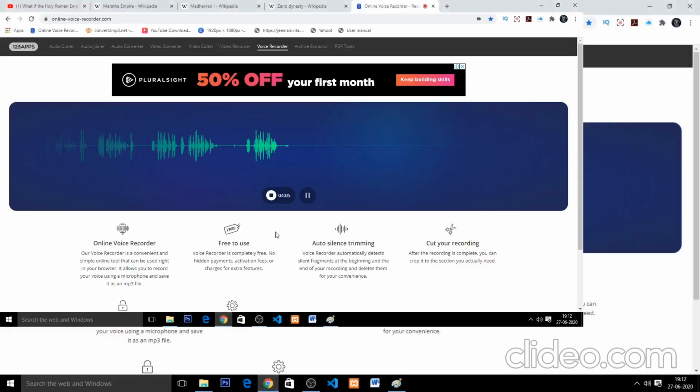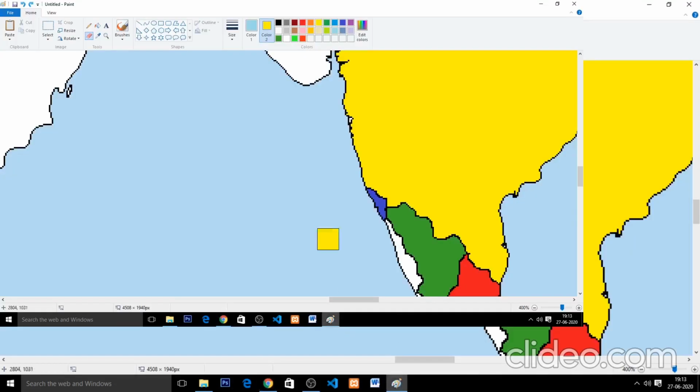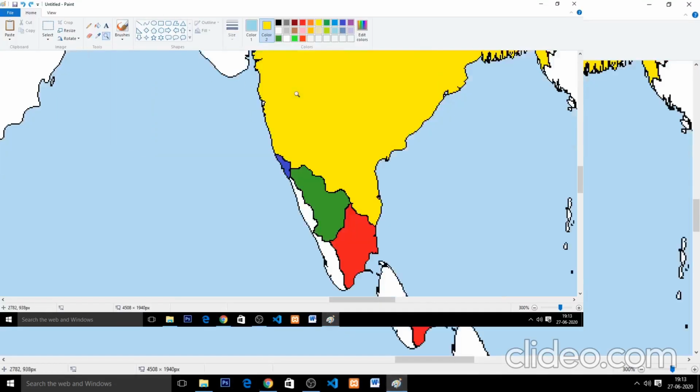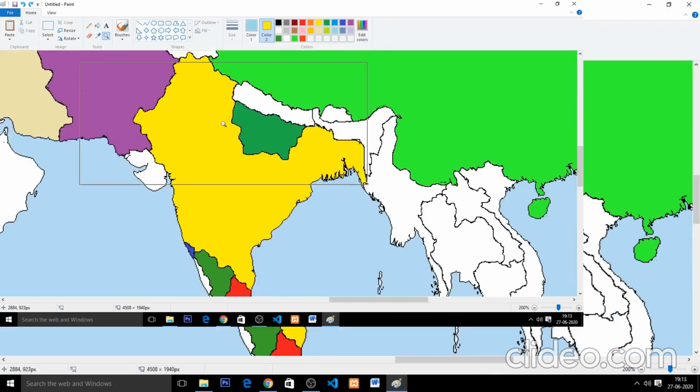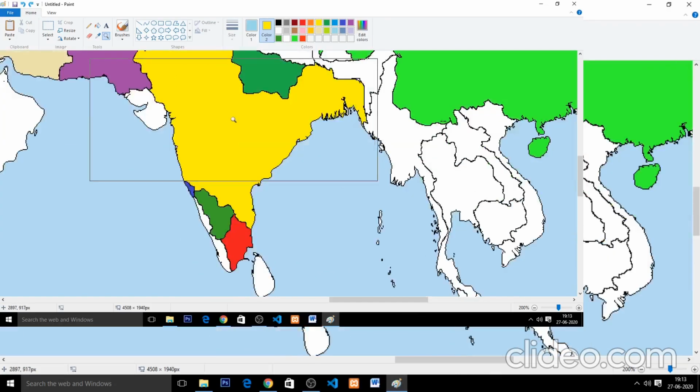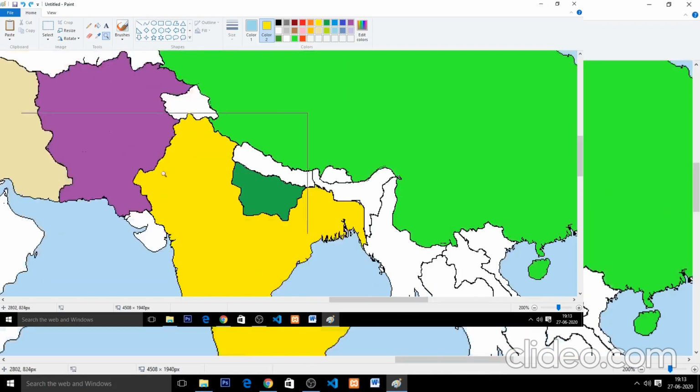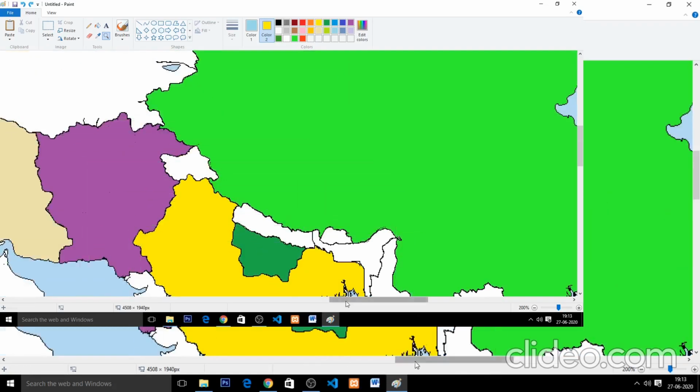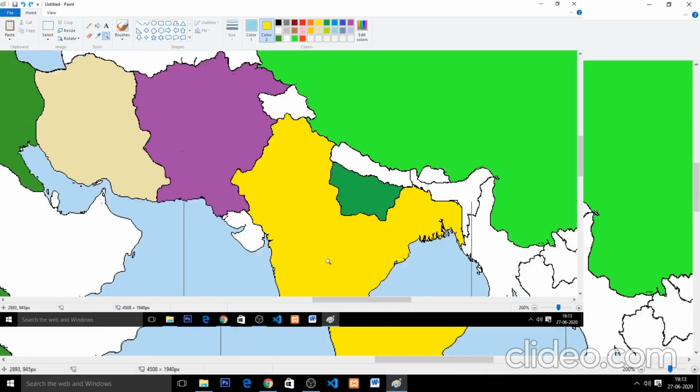This purple nation here is Afghanistan, by the way, which completely destroyed northern India and the Maratha force.